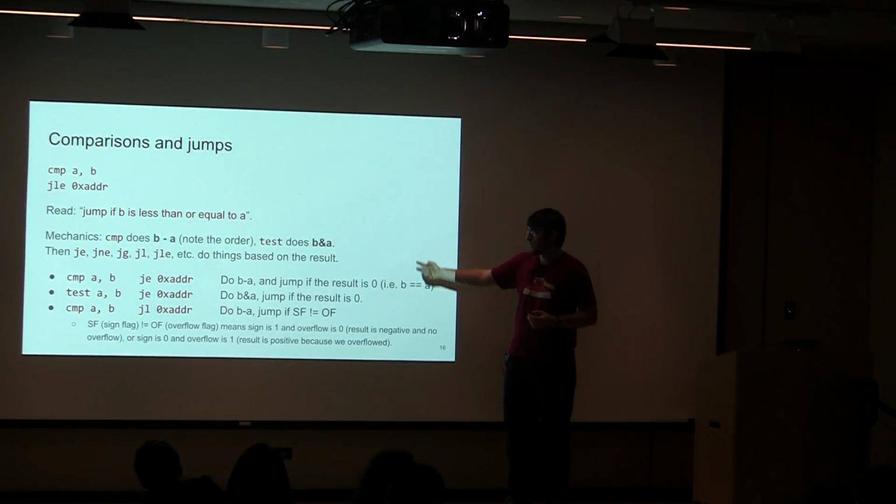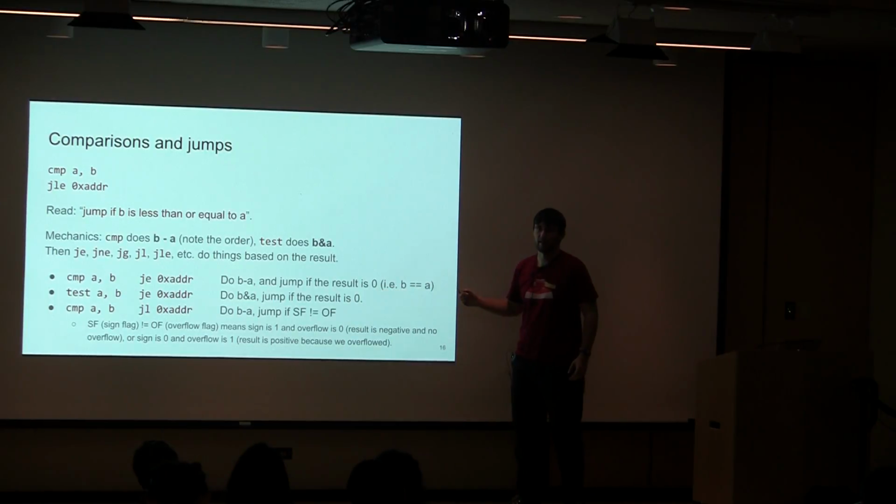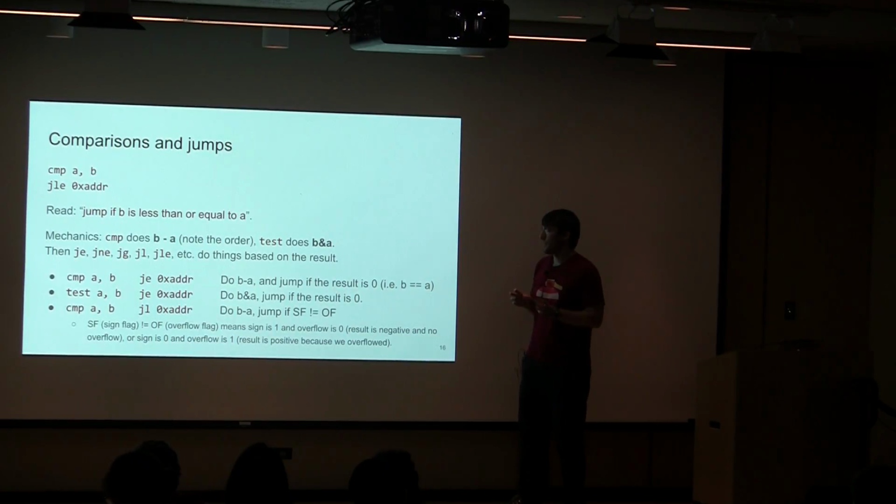If you have a test, like here, the second example, then you'll have to think through it a little more carefully because test takes a bitwise AND of the two operands and then sets the flags based on that.